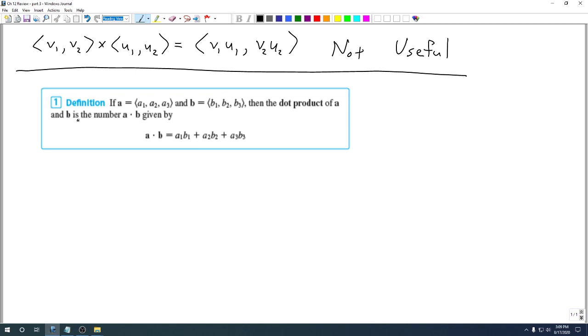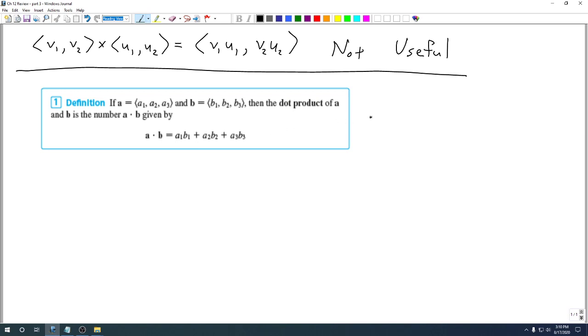Note that we can do this with two-dimensional vectors. If we didn't have an a3 and a b3, we just wouldn't have this third term here. And in fact, we can do this with higher dimensional vectors if we wanted to as well. We would just have more terms in that case.